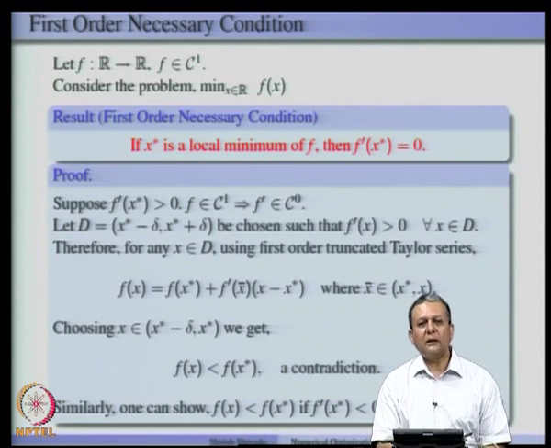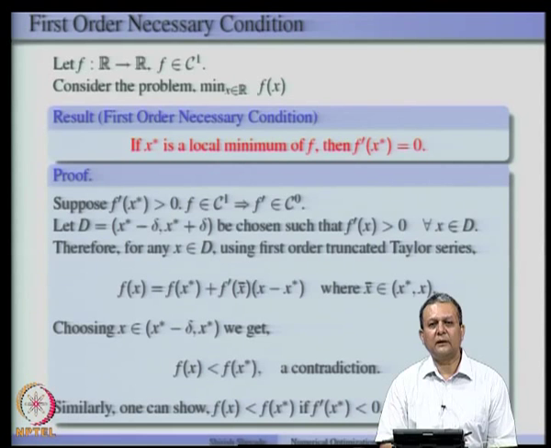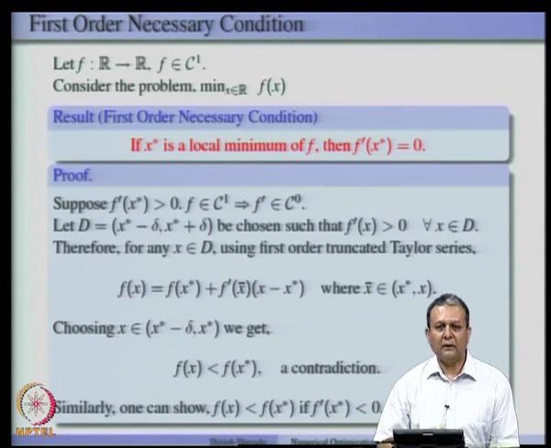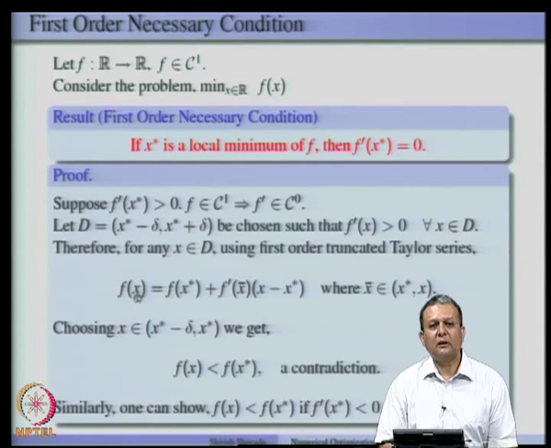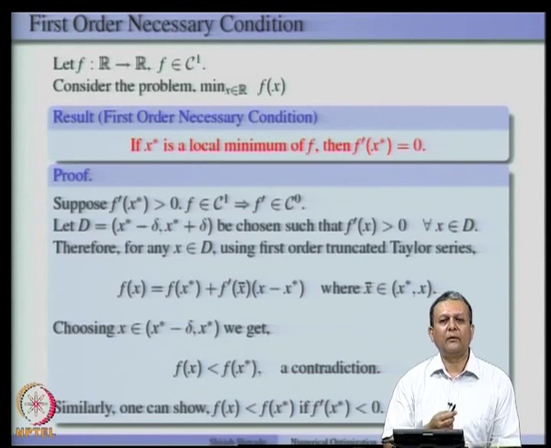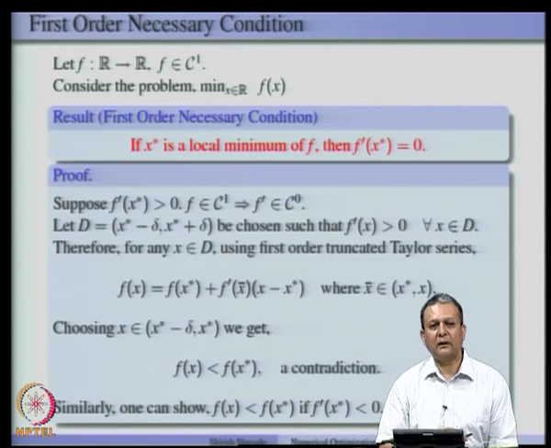Now, if you write the truncated Taylor series expansion of f of x around x star and truncate it to the first order, what we get is that f of x is nothing but f of x star plus f dash x bar into x minus x star, where x bar is a point on the line segment joining x star and x.